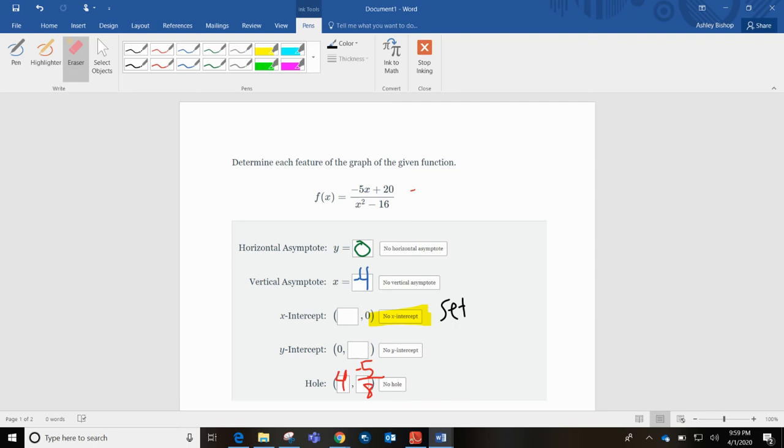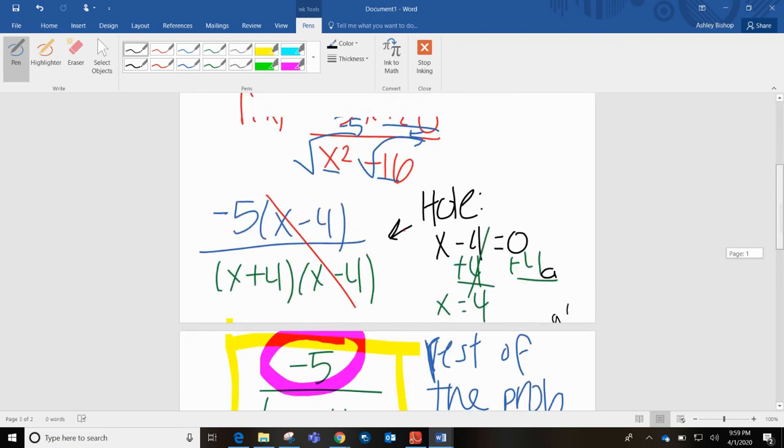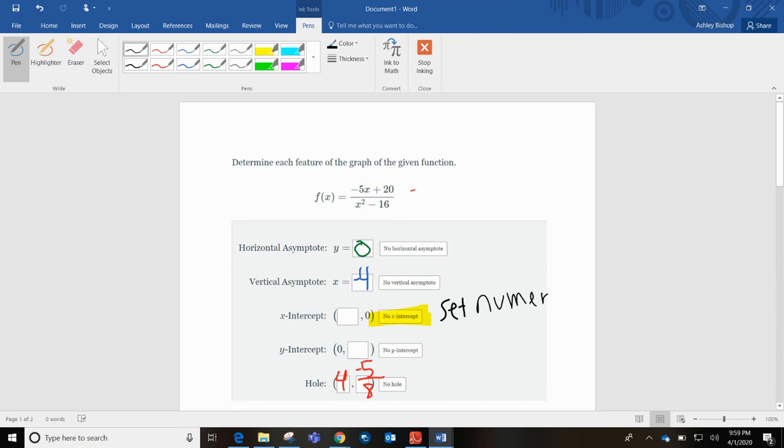We want to set the numerator, set your numerator equal to 0. Solve for x. Okay, that's for your x-intercept.